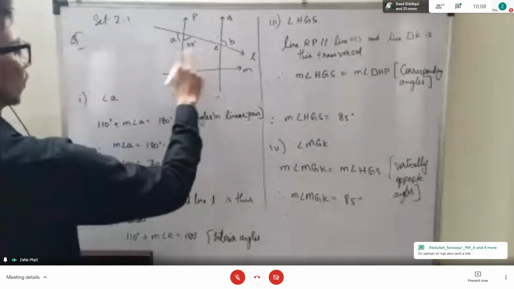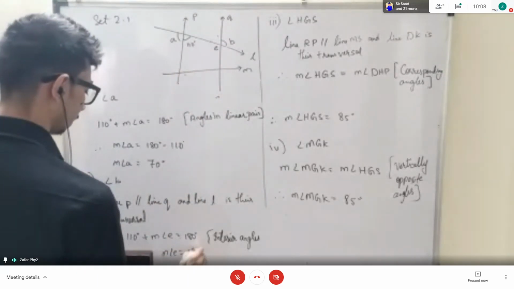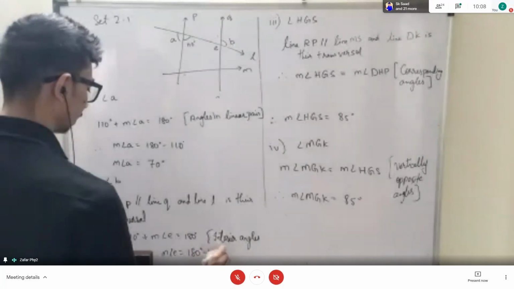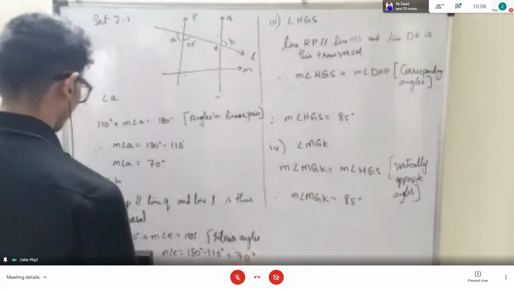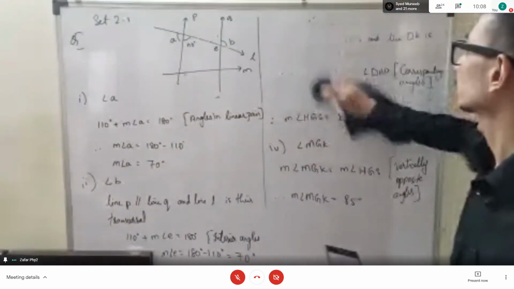So we have to go like this. So measure of angle E is 180 degree minus 110 degree, which is 70 degree. Okay, which is 70 degree.